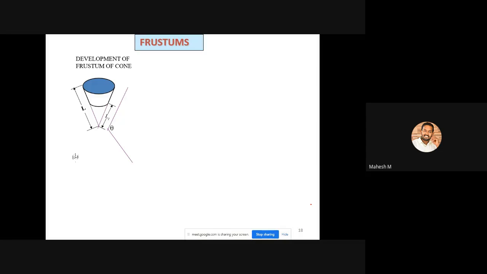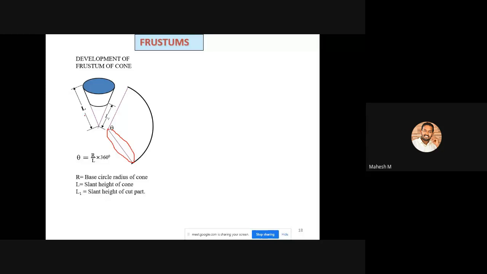You'll be finding the theta value for the cone, and creating the bottom circle, and the length of this particular line can be calculated with this length. Similar to that, you have to create one more arc. So this particular length is equal to L1.